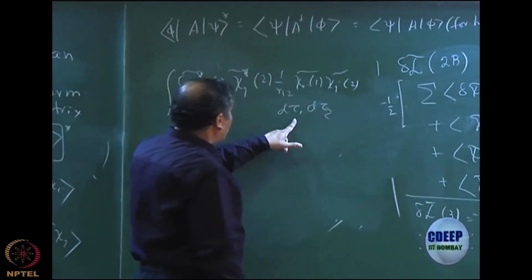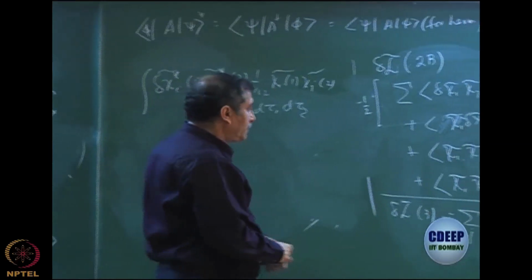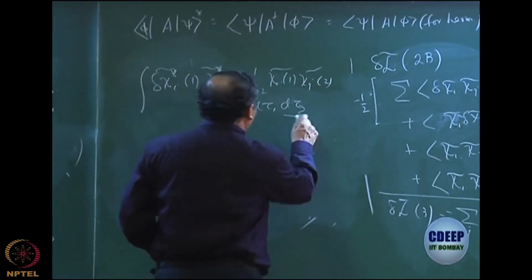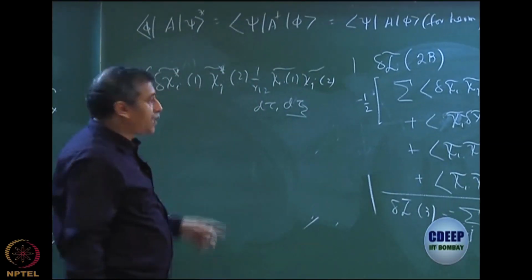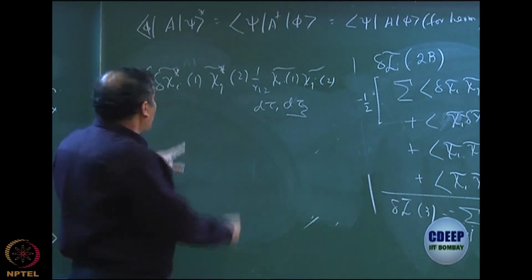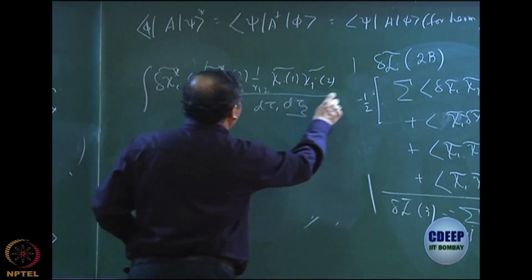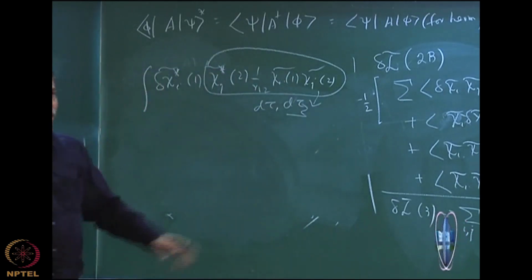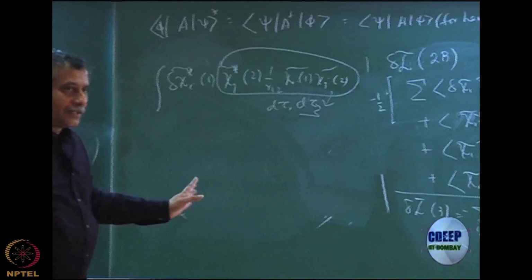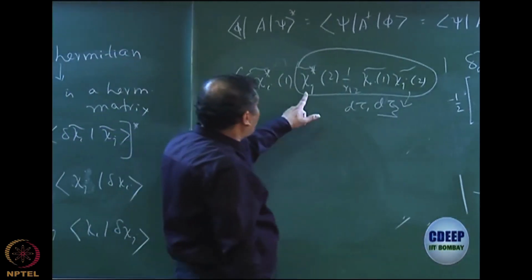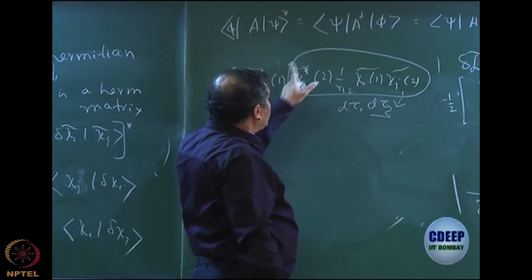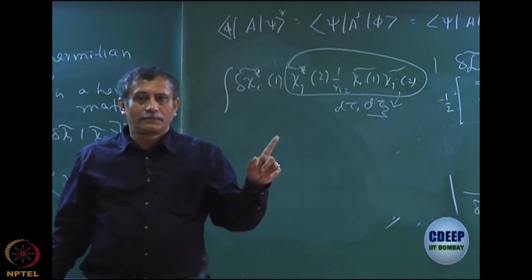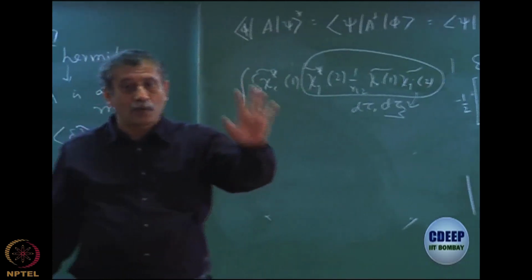Remember, you have an integral over tau 1, tau 2. I first perform the integration over tau 2 because this is a function of 1. So, I integrate this quantity over tau 2. I am allowed to do that, right? If I integrate this quantity over tau 2, this will be a function of tau 1, not tau 1, function of 1.